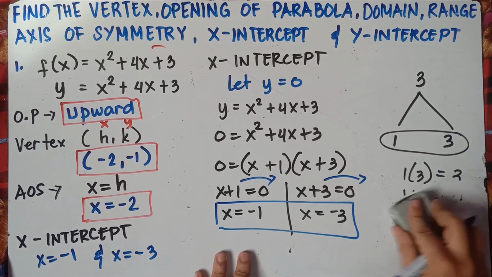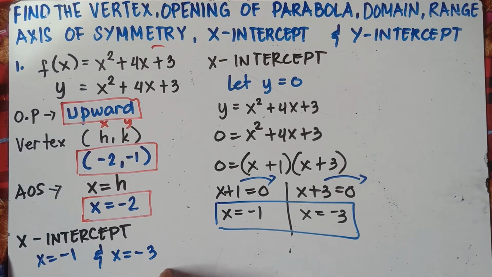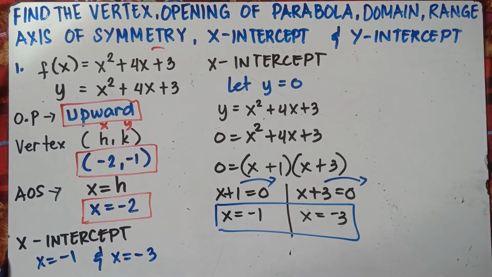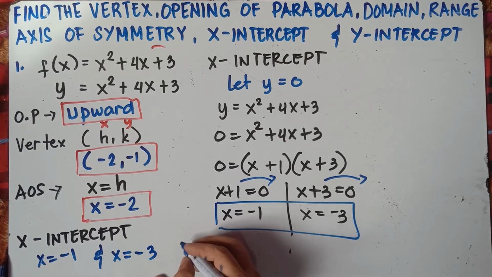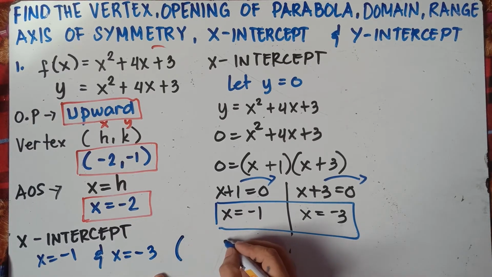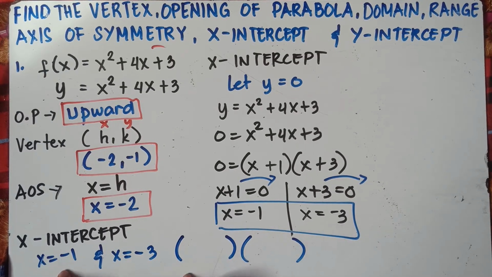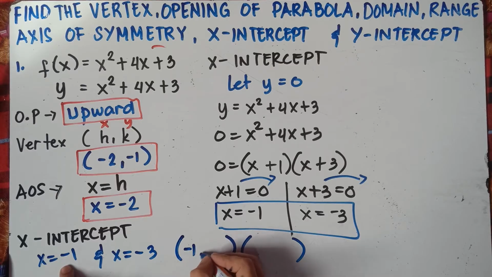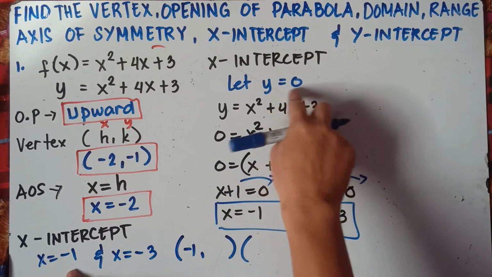So let me erase this one, class. For the x-intercept, you can actually write this as an ordered pair. This will be x is negative 1. Since we let y equal to 0, once again, y is equal to 0.